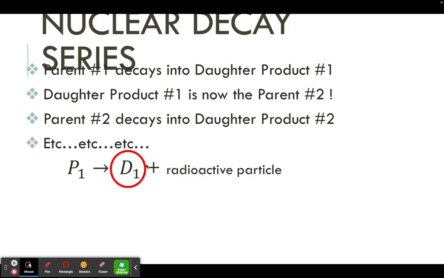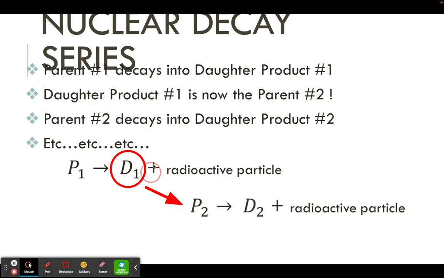So parent number 1 gives rise to daughter number 1, and now daughter number 1 becomes parent number 2, meaning that it is going to decay and give rise to another daughter isotope, plus some radioactive particle is emitted.